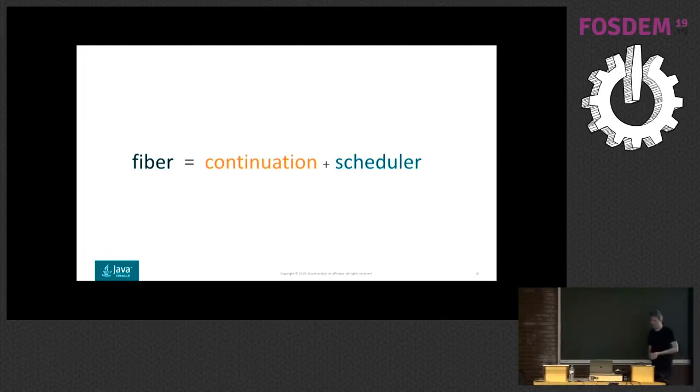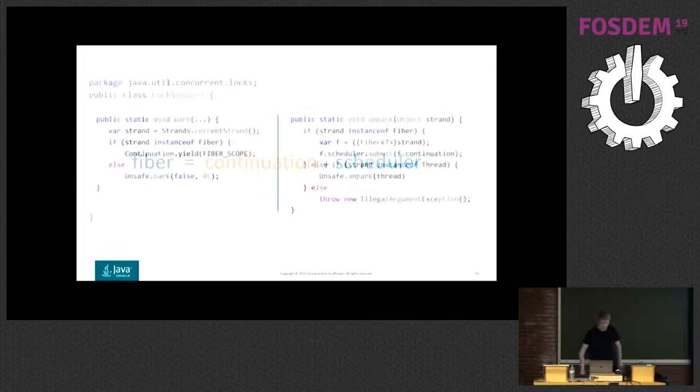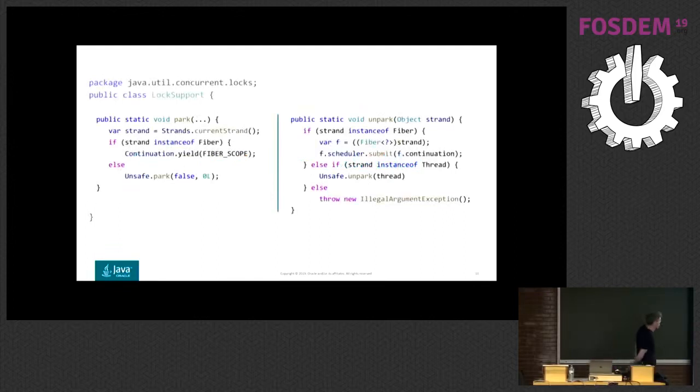To show how that's done, this is a gross simplification of the code in the current prototype. I said that every fiber has a continuation and a scheduler. If you're familiar with the java.util.concurrent constructs, for example, it has locks. Every time you try to grab a lock and it's not available, eventually, in the JDK that's out there today, it's going to call a class called LockSupport, and get to a method called park.